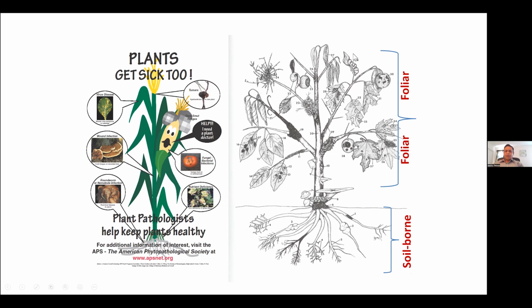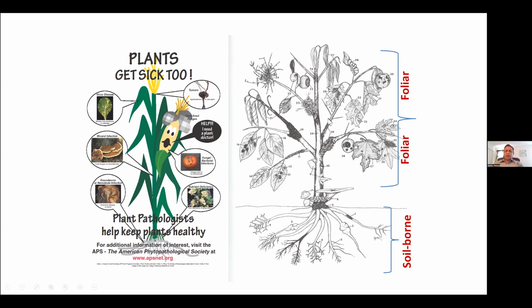The above ground part, we call it foliar or foliage, stem, leaves, and also fruits. And whatever is underneath the soil, of course, we say it's below ground part. And the diseases can also affect the root system, and we call them soil-borne diseases.